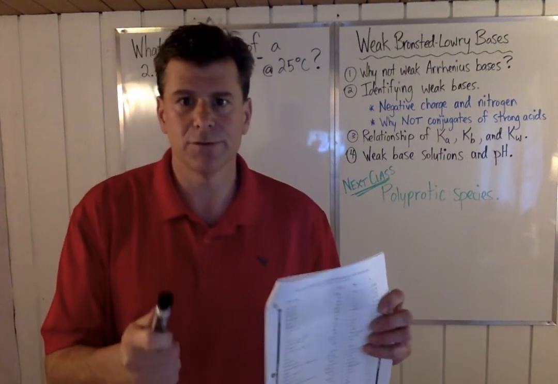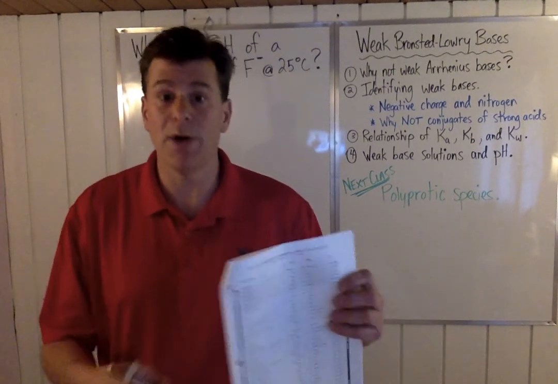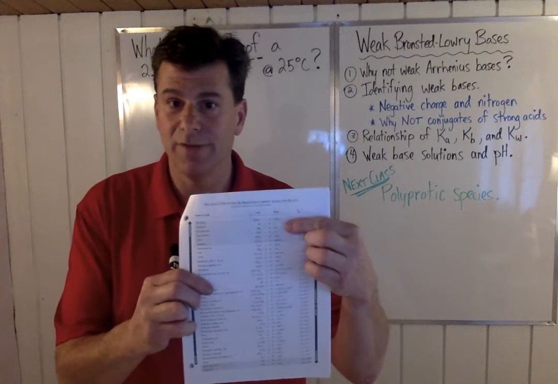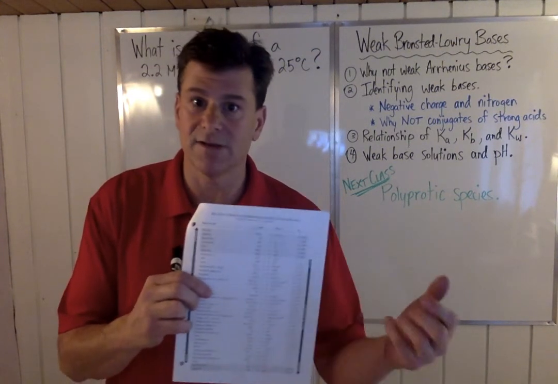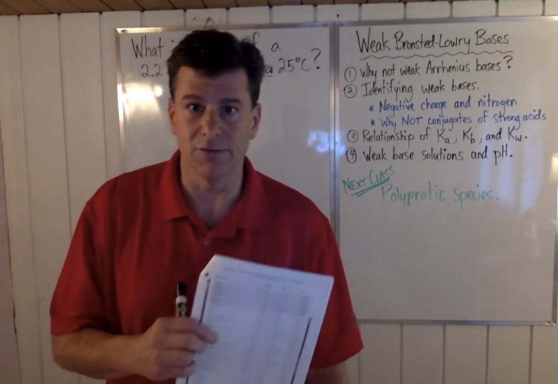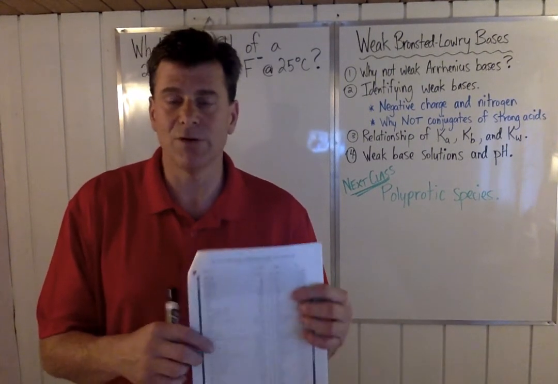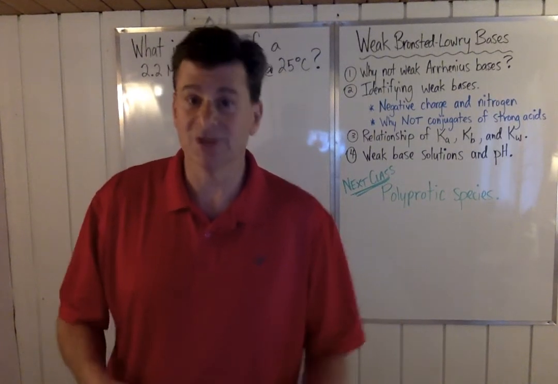But is it one of those conjugates of a strong acid? No, obviously I wouldn't be asking the question if it was. But you should know off the top of your head what those 6 are so that you don't sit there and go, well, F minus, I don't know about that. You should know them right off the bat. So F minus is not one of those 6. HF is not a strong acid.